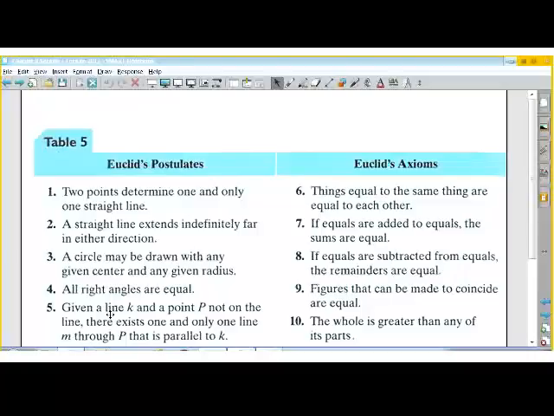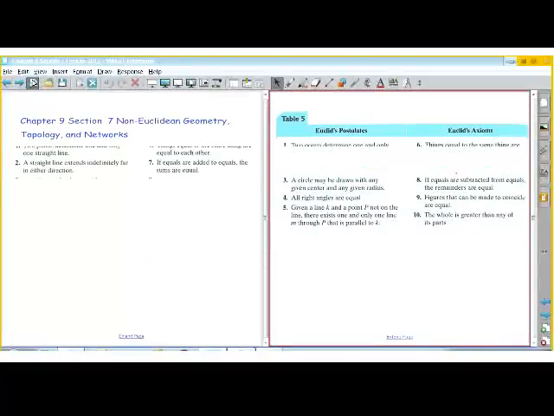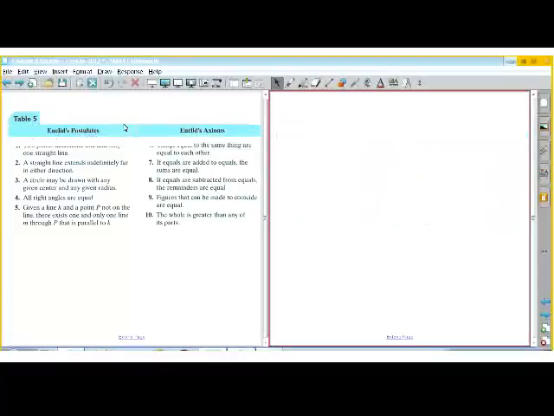And given a line K and a point P not on the line, there exists one and only one line M through P that is parallel to K. Let's just see if we can figure out what the heck they're talking about there. So if you drew a line, so here's my line. Actually it says given line K, let me do that.